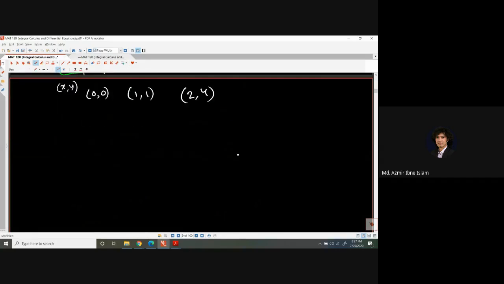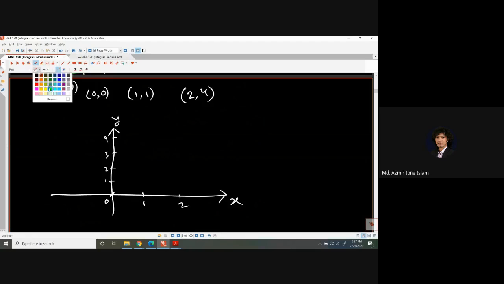So let's plot all the points in the Cartesian coordinate system. We have the x-axis and y-axis. This is 0, 1, 2, and let's say this is 1, 2, 3, and 4 on the y-axis.